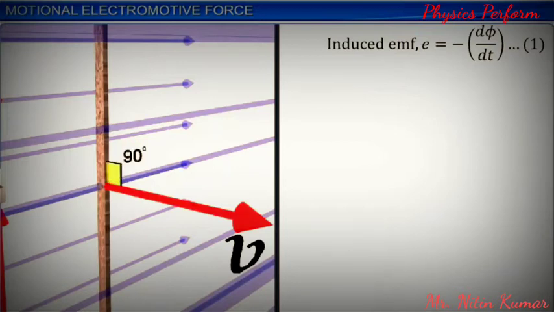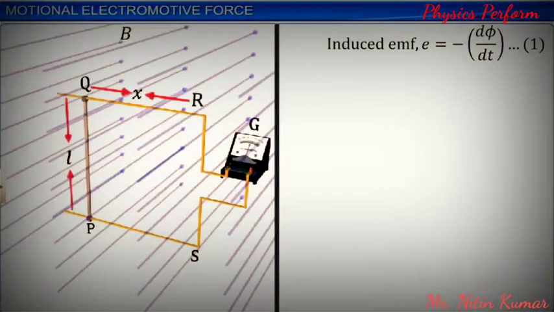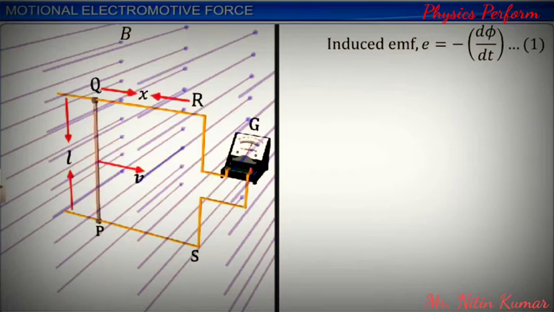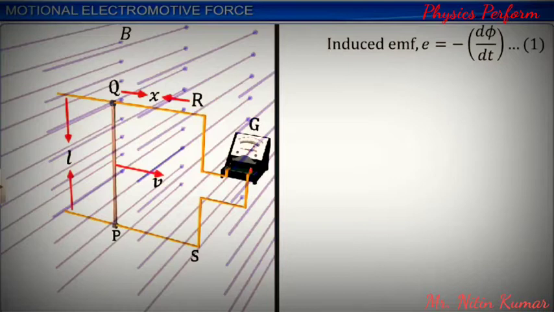We see that the conductor initially is at a distance x from the RS end. As the conductor moves towards the RS end, it is displaced from its original position, and its velocity v can be written as dx by dt.